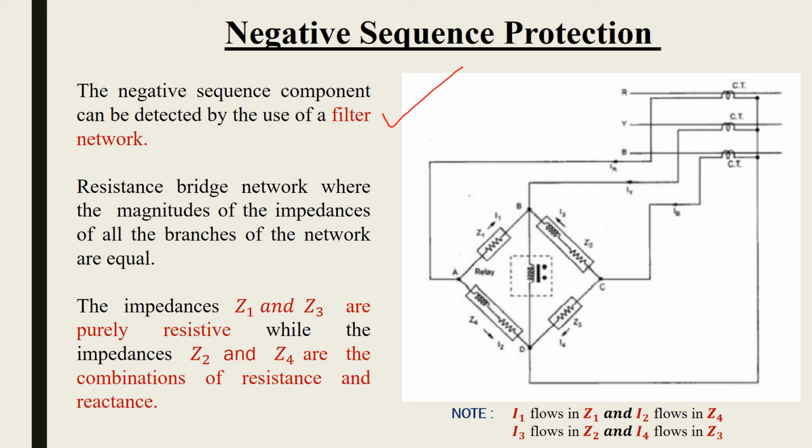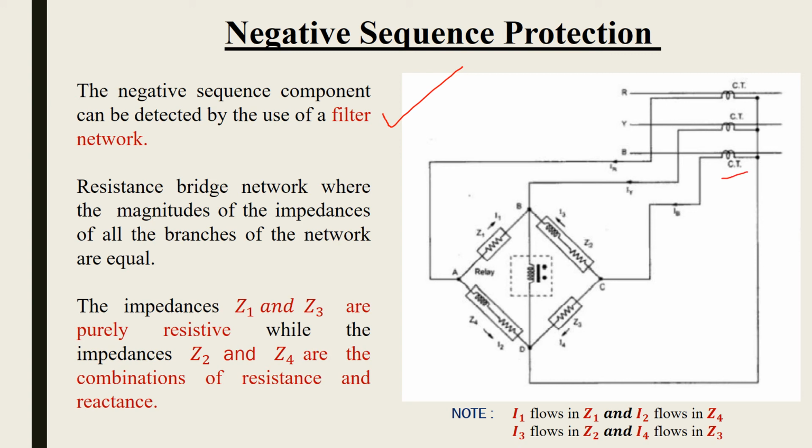Three CTs are also placed in the three phases R, Y, B, which are then supplied to this bridge network. The R phase CT at junction A will equally divide the CT secondary current into two, I1 and I2. And as said, the I2 current will lag the I1 by an angle of 60 degrees.